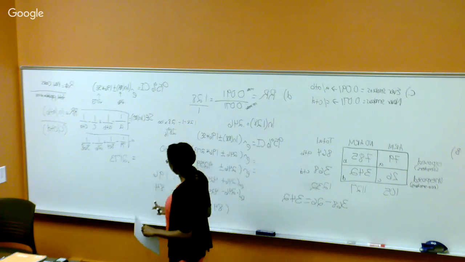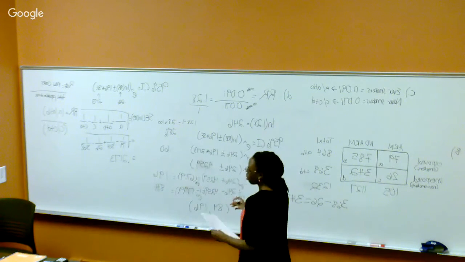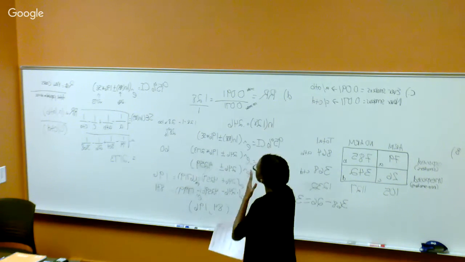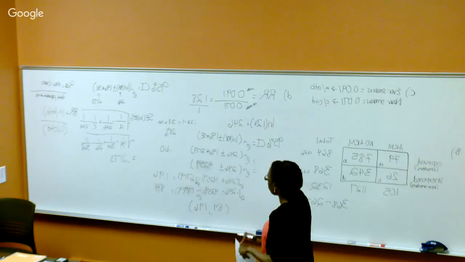So how did you say it the first time? The risk of developing ARM is 1.28 times greater in smokers compared to non-smokers.